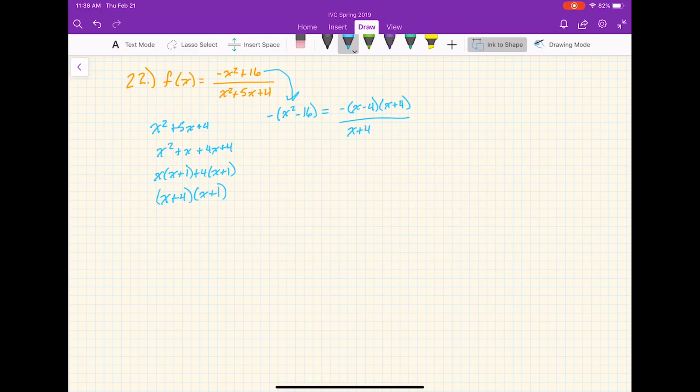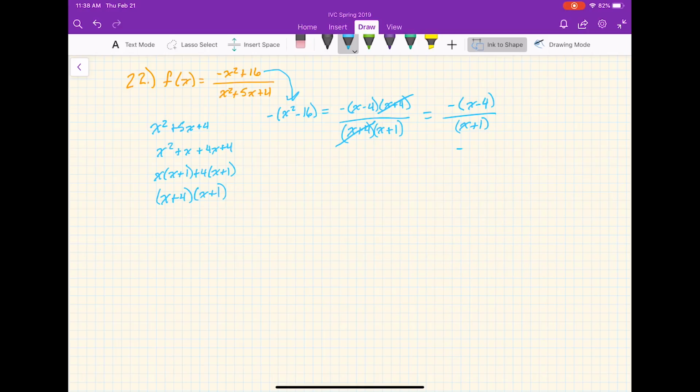All right, so just put that over here on our bottom. Well, x plus 4 and x plus 4, those are going to cancel out. So I'm going to have a negative times the quantity x minus 4 on the top, and I'll have x plus 1 on the bottom.